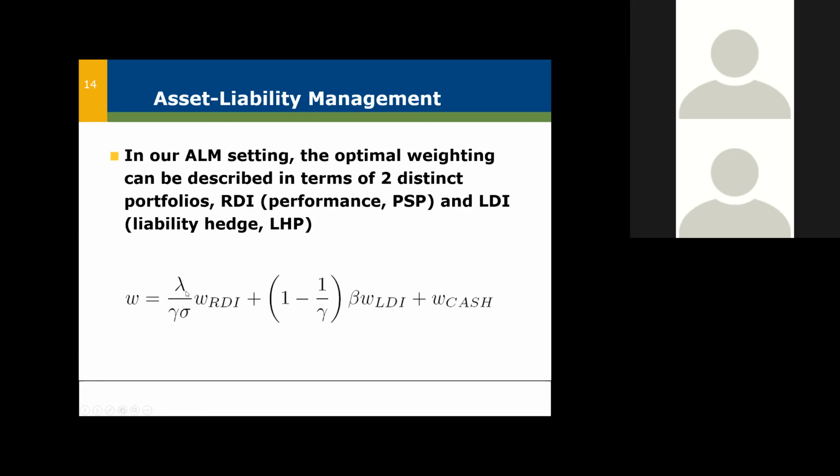So this is the optimal leverage to the maximum Sharpe ratio portfolio. Then we have this risk aversion parameter, because you may not necessarily want to run at the maximum theoretical leverage. And the liability hedging portfolio is weighted by 1 minus the amount in the risk aversion.